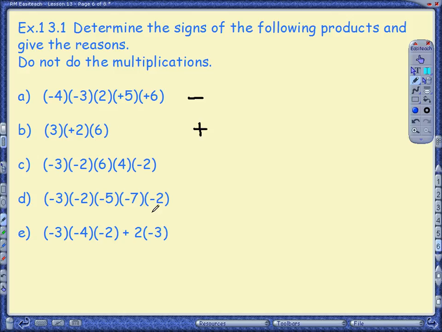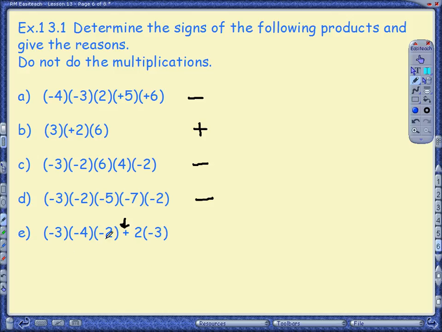Whenever you multiply all positives, the answer is positive. Negative, negative, negative. 3 negatives, that's an odd number, therefore our product is negative. Negative, negative, 2. That's 2 negatives, 3 negatives, 4 negatives, 5 negatives. This is also negative. This one is tricky because of this plus sign right here.